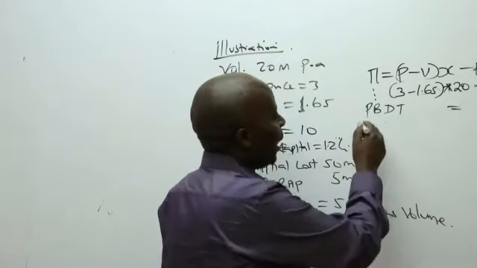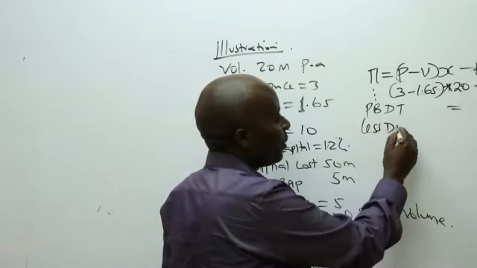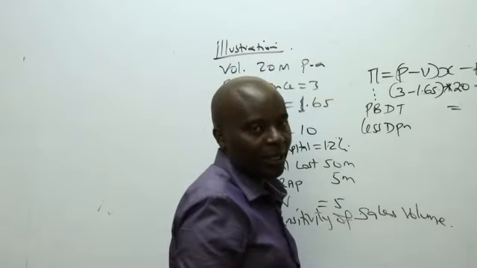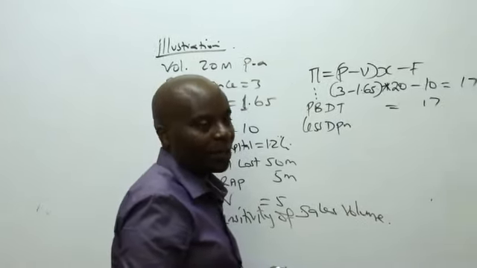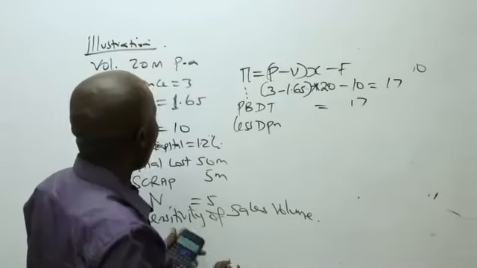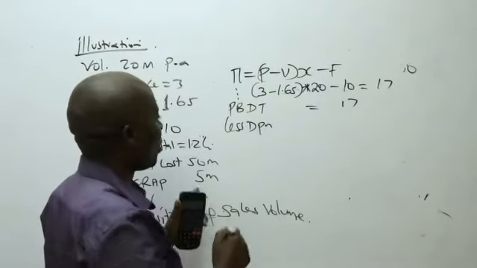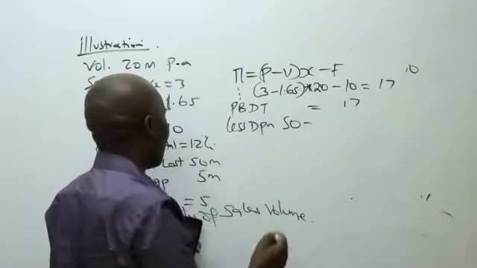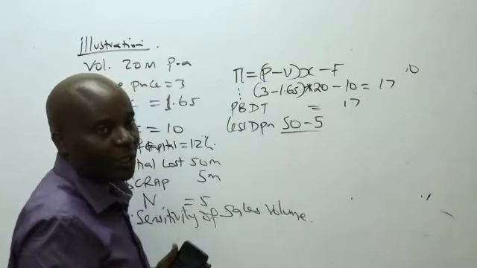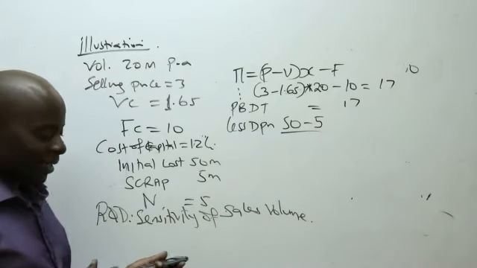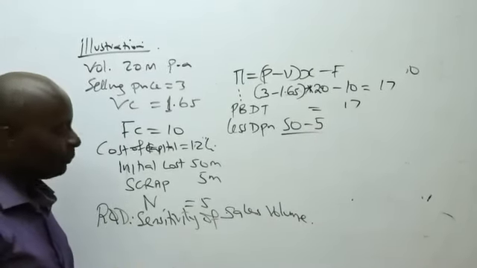Less depreciation, straight line. We have the initial cost of 50 minus scrap of 5, divide this by, let us change the batteries.